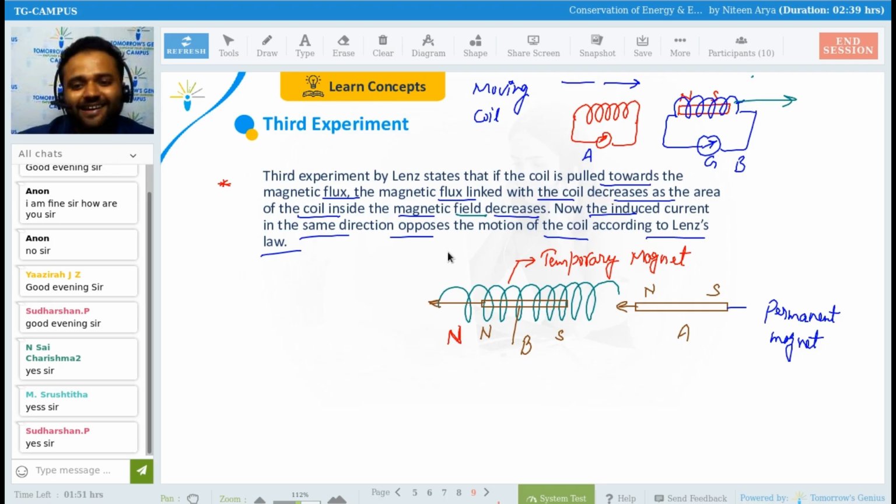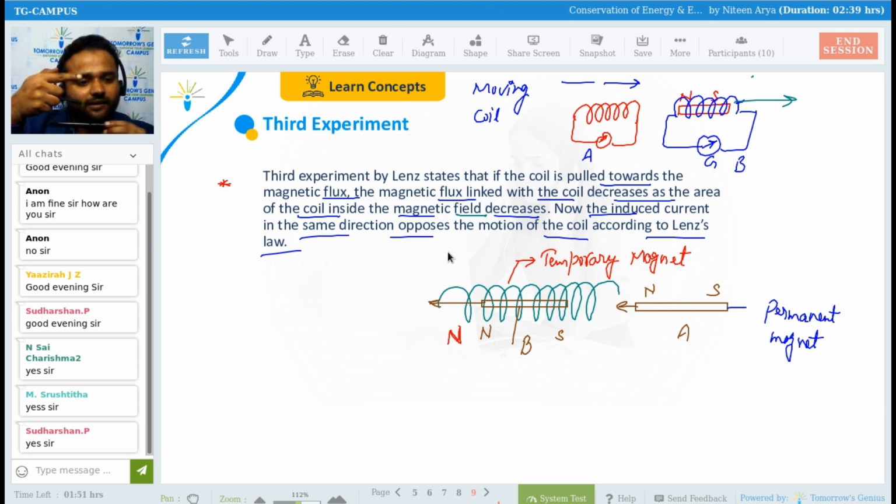Understand it? When the coil shrinks down, the current starts flowing in the opposite direction to oppose the motion of the coil, not the magnet.